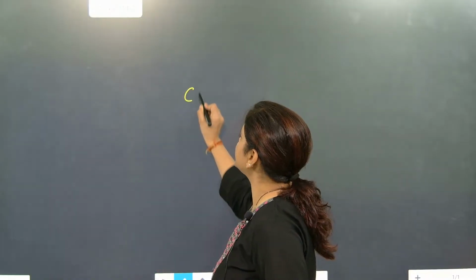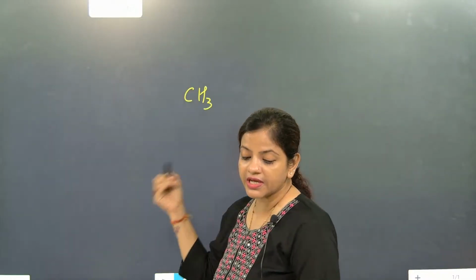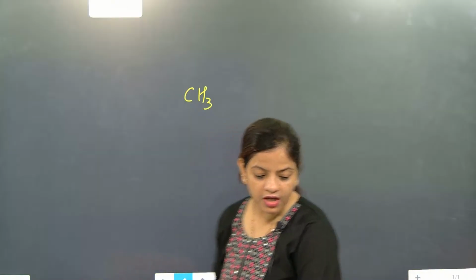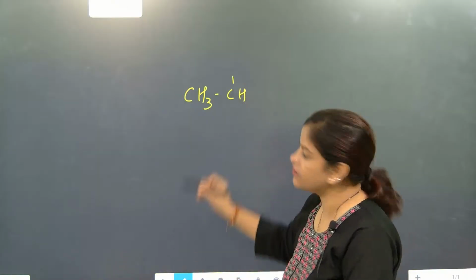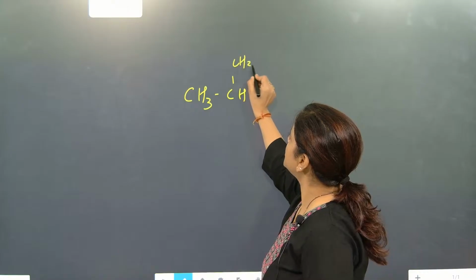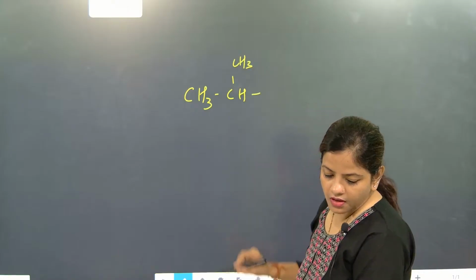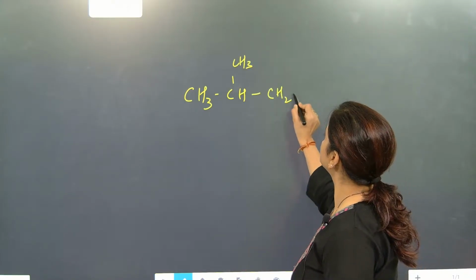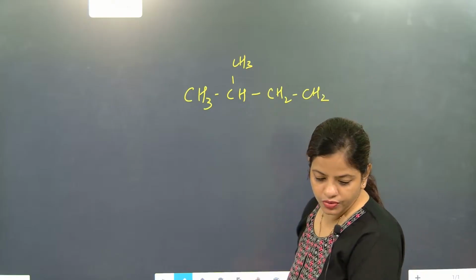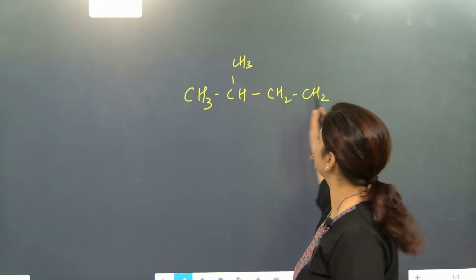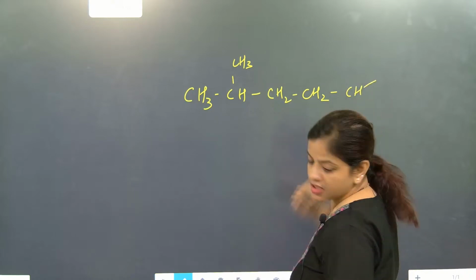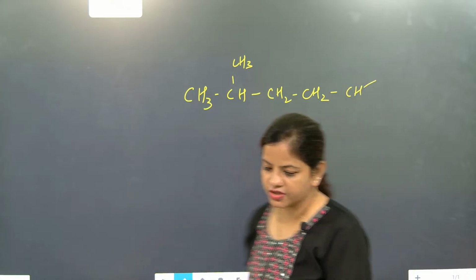Beta, how many secondary carbon atoms, okay? CH3, CH, come on, start working. CH3, after that CH2, CH2, that is CH, CH2, CH2, CH, CH3, CH3.